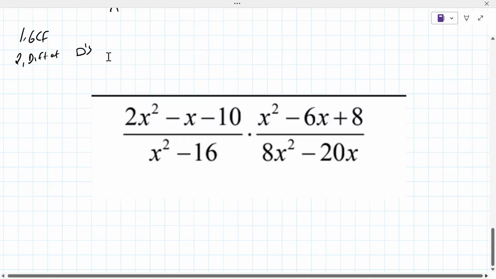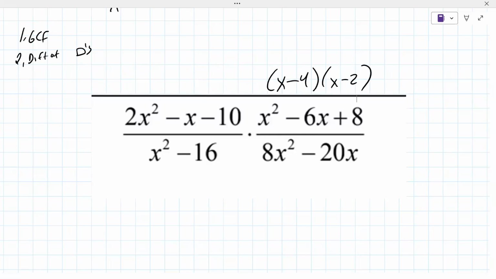I'm mostly interested that you can factor the top left, bottom left, and bottom right. The top right, I'll give you that one. The other ones, why don't you give that a try? If you have questions, let me know, especially on this top left, that might be the most difficult one.